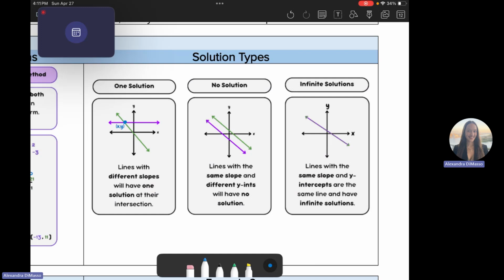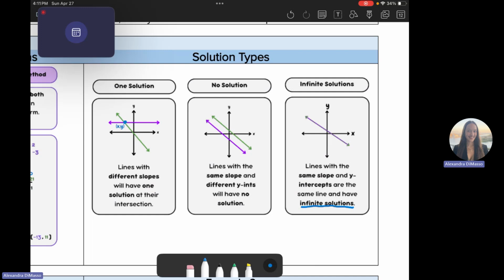No solution means that the two lines are parallel, so they have the same slope, and they'll never cross or touch each other. The last type is an infinite solution. This is where your lines have the same slope and the same y-intercept. In other words, it's the exact same equation. So that would be considered an infinite solution.